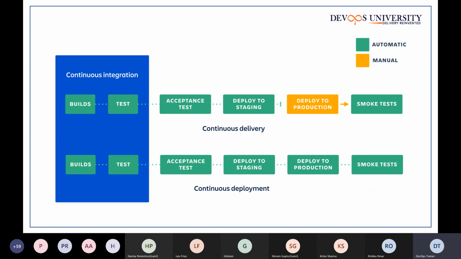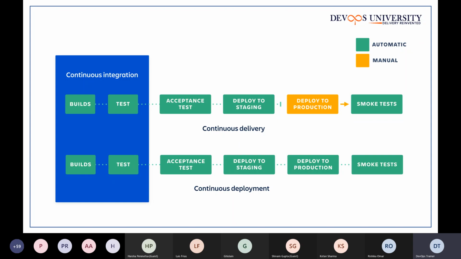According to the results, they can go for the deployment. So continuous delivery is where you have a manual check on top of the existing processes. That's why there is a slight difference between continuous integration, continuous delivery, and deployment.